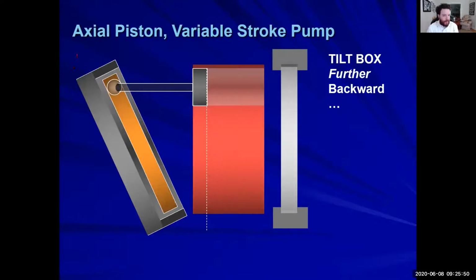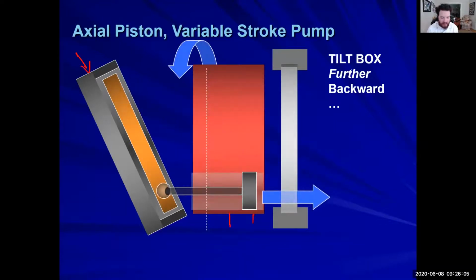If you move this tilt plate farther back and you give an increase in angle, that's how we get more fluid flow. So instead of having a small stroke from here to here, you now have double that amount.